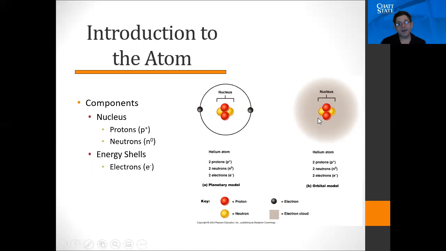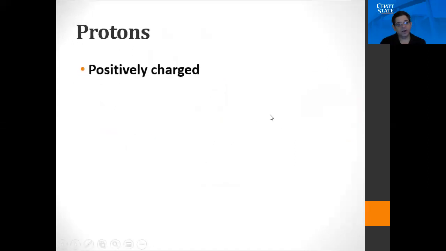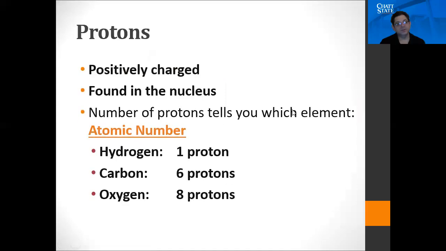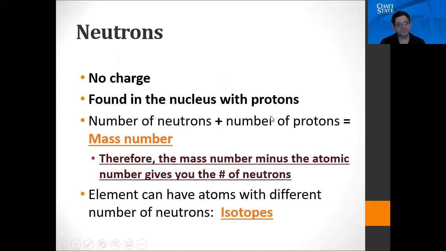And then for the math of that, we can figure out neutron count based on the atomic mass and then subtracting. So we'll see an example of that real fast. There's your mass number, which would be the nucleus, with the protons and the neutrons together. If I give you a mass number of 14, and I say that there's an atomic number of 10, how many neutrons would there be? 4.